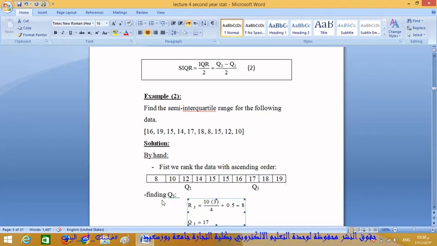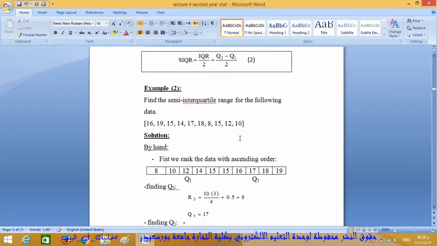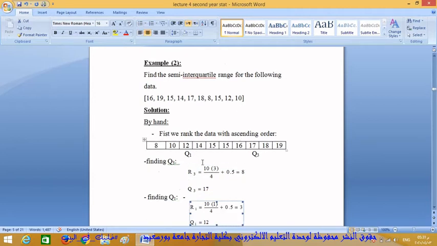Number 2, finding Q3 and Q1. Okay, so here we count the number of data: 1, 2, 3, 4, 5, 6, 7, 8, 9, 10. We have 10 data. So R3 equals 10 multiplied by 3 divided by 4, N i over K, plus 1/2.